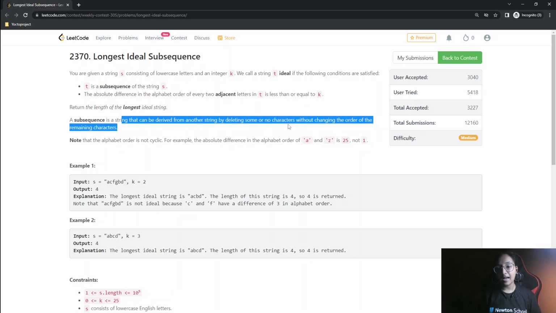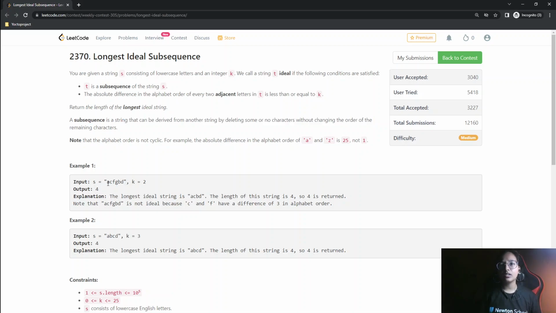It could have some adjacent characters, and it might not. If we choose A, C, then it is a subsequence. Even AF is also a subsequence, and ACF is also a subsequence, and even the whole string is a subsequence of itself. That is also true.